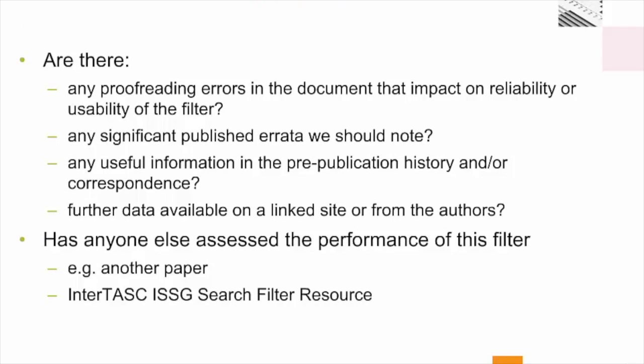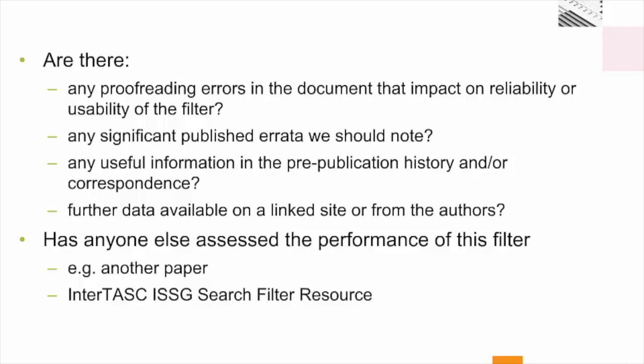We're also wanting to read a paper very carefully. It's often the case that people might have proofreading errors even in the filter itself, and then you have all sorts of judgments to make about what you're going to do. We might be looking out for errata in case the authors have changed something or discovered a problem.